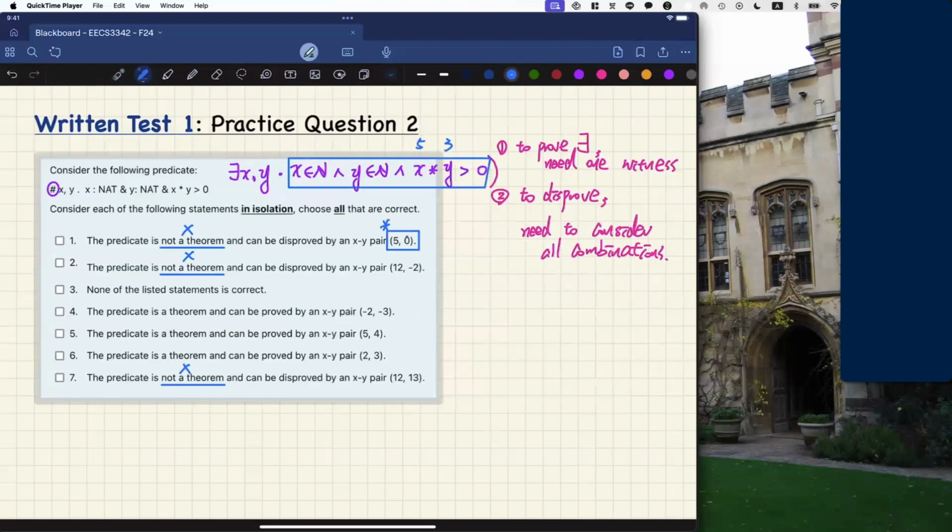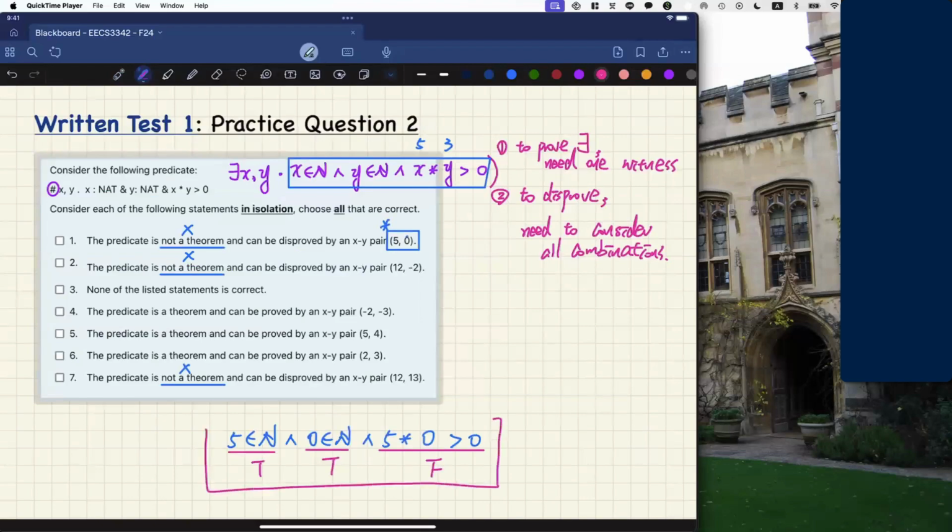Okay, so let's try 5 is a natural number and 0 is a natural number, and 5 multiplied by 0 is larger than 0. Apparently, this part here is true. And this part over here is also true. And this part here is actually false, right? So the whole thing over here is false.